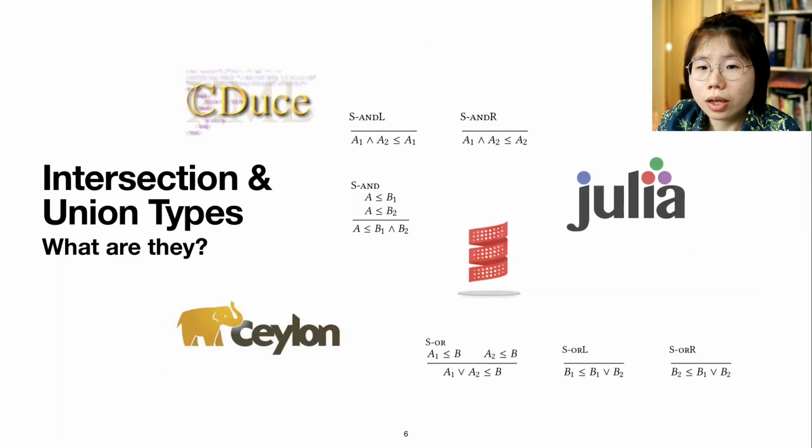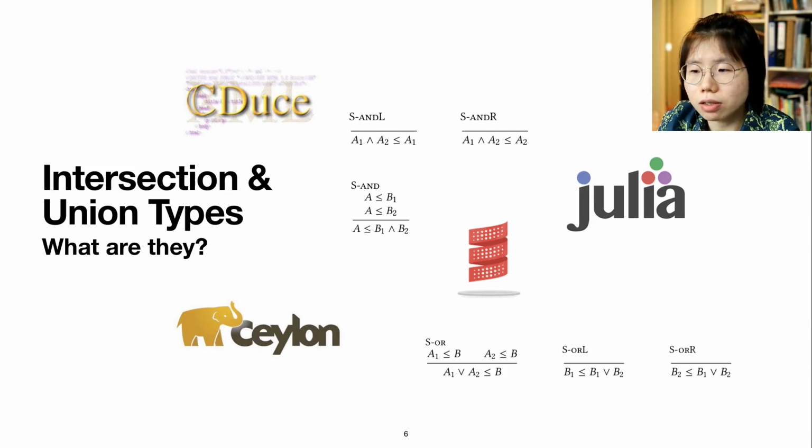So here we show some basic subtyping rules for intersection and union types. The S-And-L rule and the S-And-R rule say that the intersection of two types is a subtype of each component. And the rule S-And states that any common subtype of B1 and B2 is a subtype of B1 intersection B2.